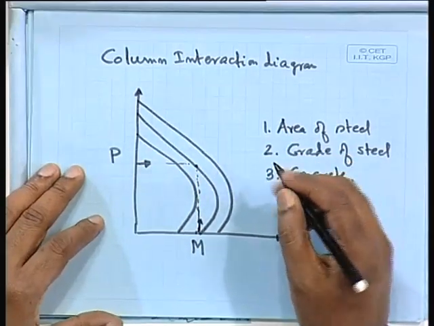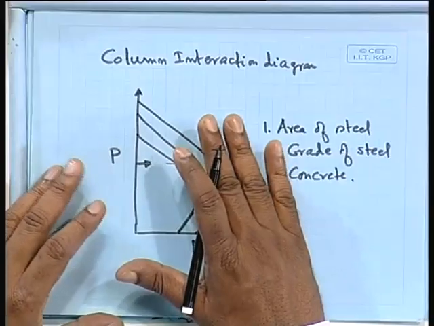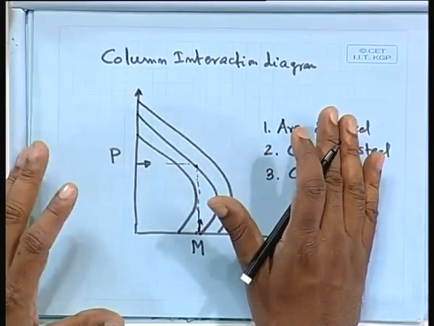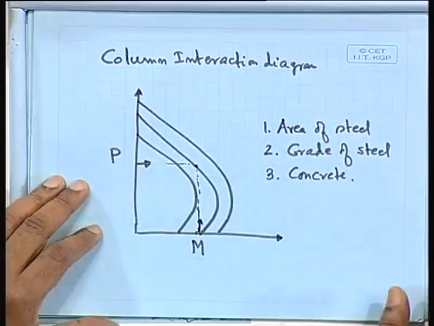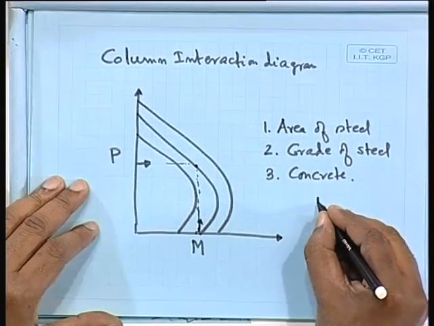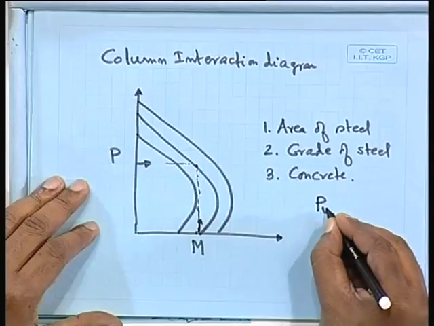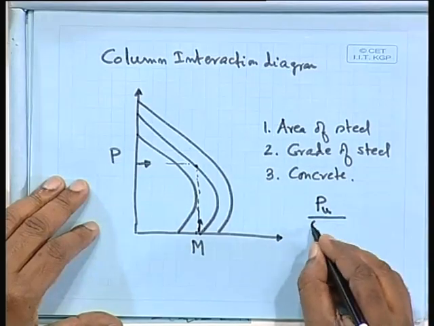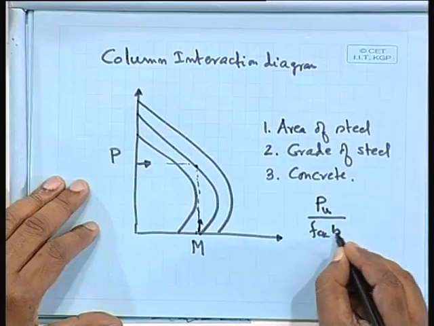But for that SP 16, that special publication 16, has given the different charts. What we do here, instead of that we make it PU, PU is the design load, and that we divide by FCK BD.